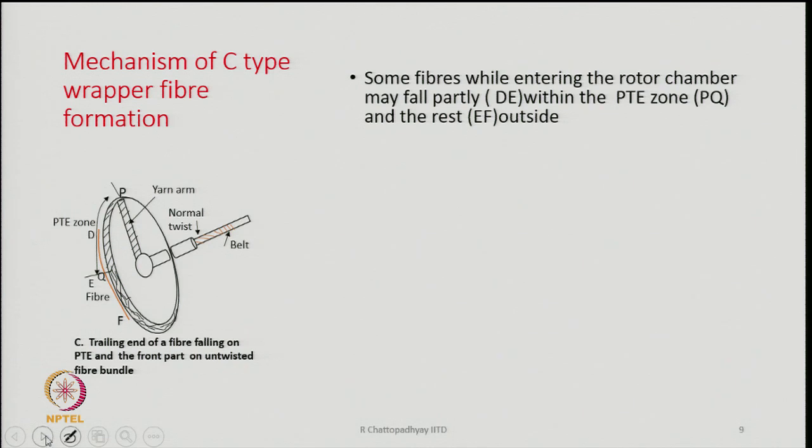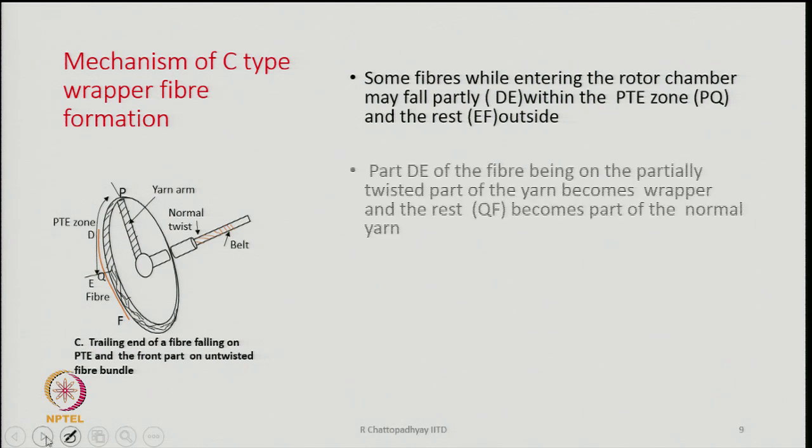Now, we are discussing some fibers which are landing in such a way that part of it is in the PTE zone and part of it is lying where the untwisted fiber band is lying in the rotor groove, like we are showing here by the orange colored fiber.